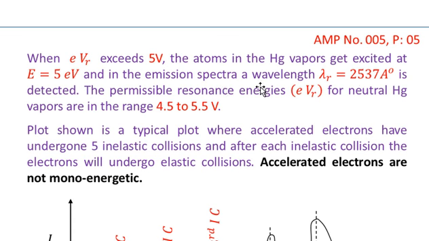In the emission spectrum, a wavelength of 2.37 angstrom is detected. The permissible resonance energies, equal to EVR for the neutral mercury vapors, are in the range from 4.5 to 5.5 volts. So in the mercury atoms, the resonance voltages occur in this range. But whatever the situation may be, the value that occurs will be a discrete value.